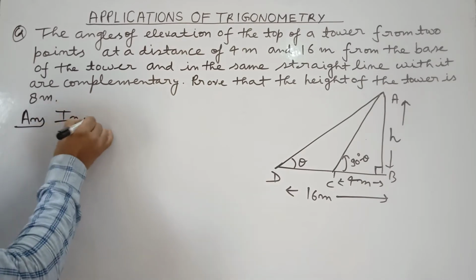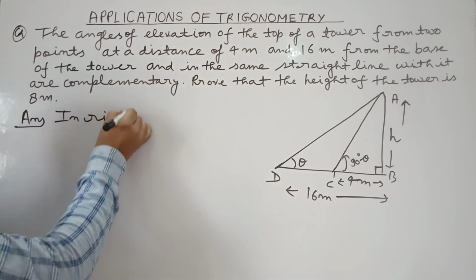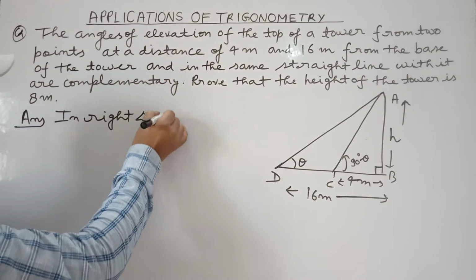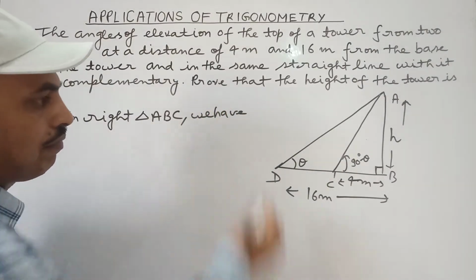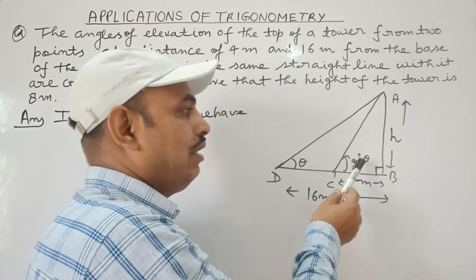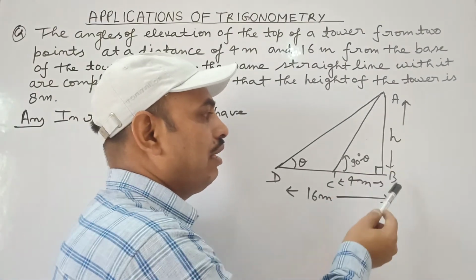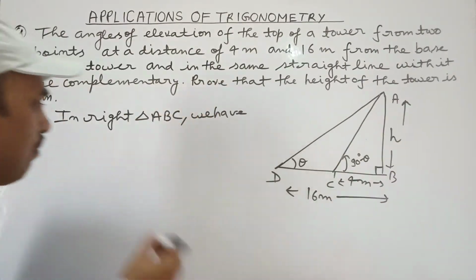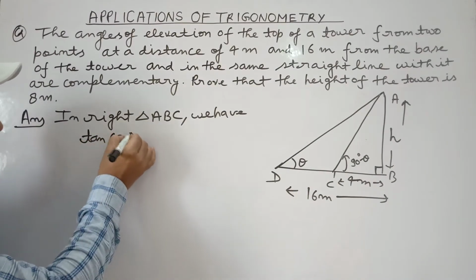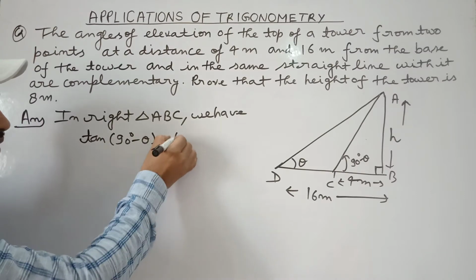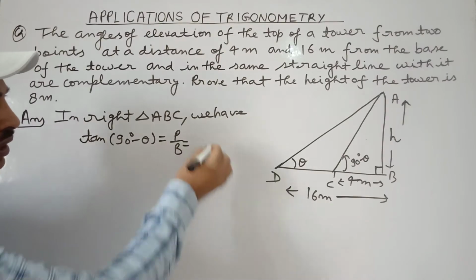In right triangle ABC, we have tan of this angle equal to perpendicular upon base. So tan 90 minus theta equal to perpendicular upon base.